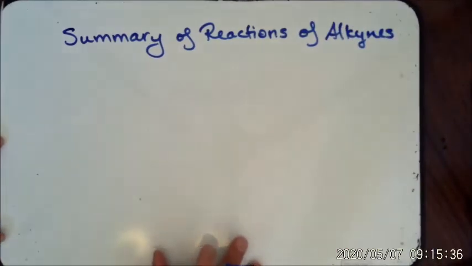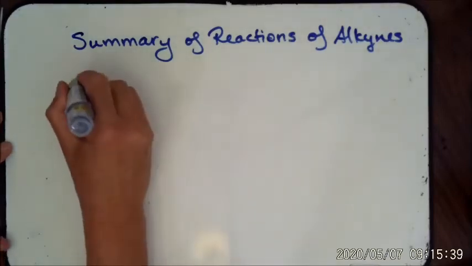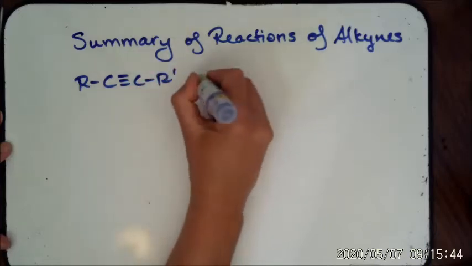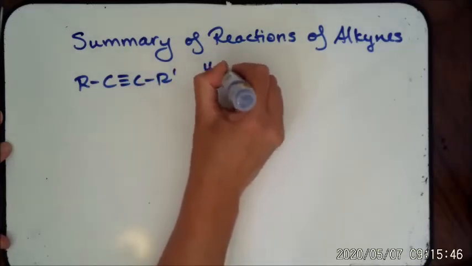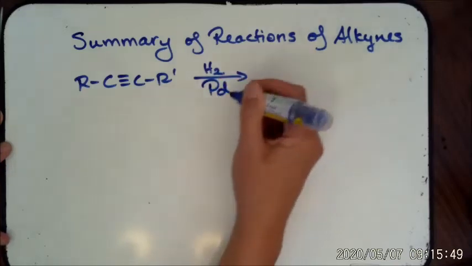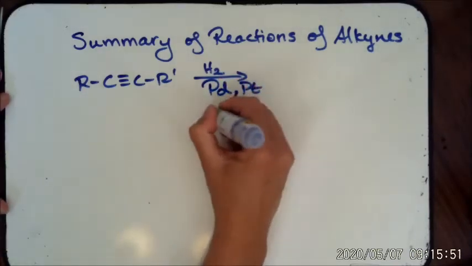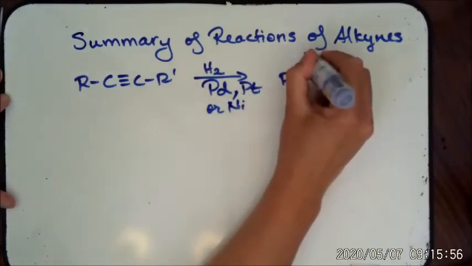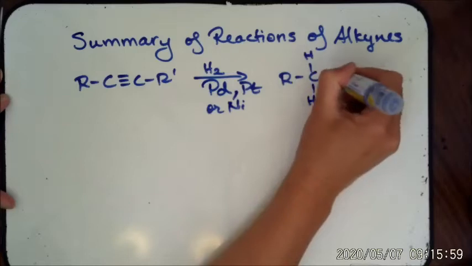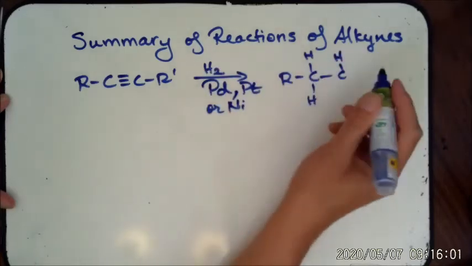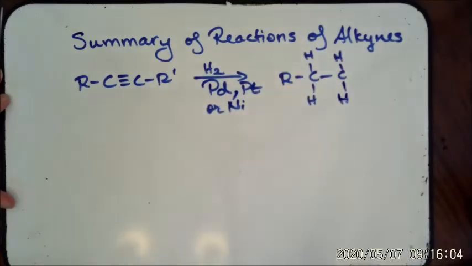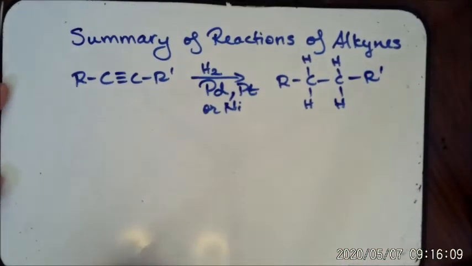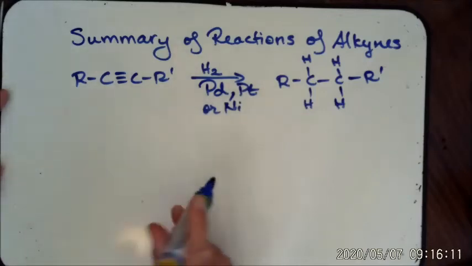So when we start talking about addition reactions, if you just take hydrogen and palladium, platinum, or nickel, you just form your alkane. So you're going to need two equivalents. If you do less than that, you'll get a mixture of compounds. Okay, so usually we just do an excess of hydrogen gas.